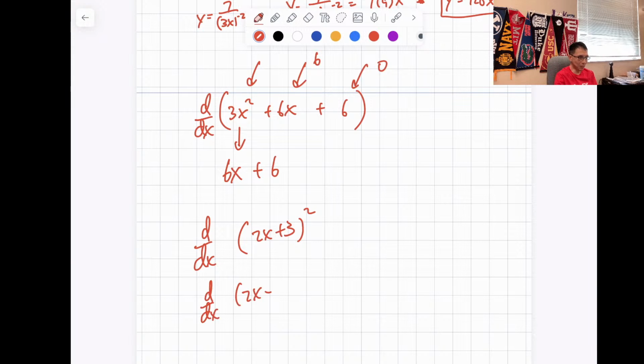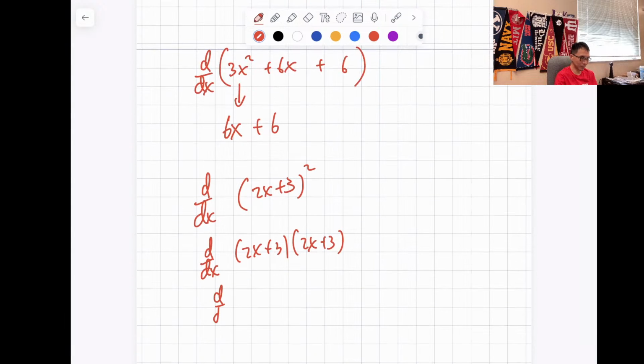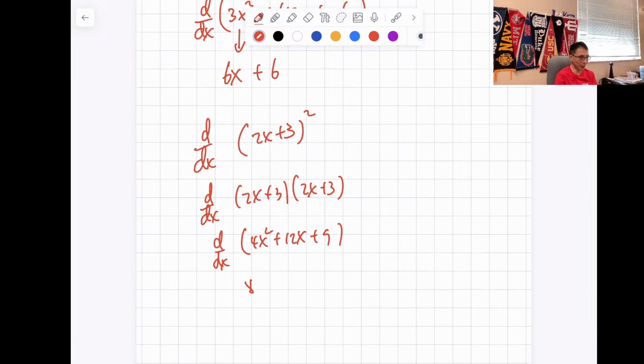If I expand this, and expanding is not 4x squared plus 9. I know some of you are thinking that, please don't do that. That's equal to 4x squared plus 12x plus 9. If I take a derivative of this, it's going to be 8x plus 12. And that's done.